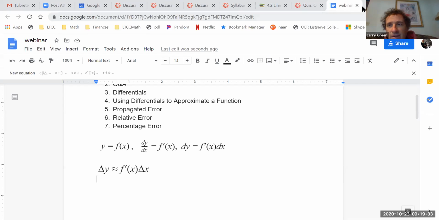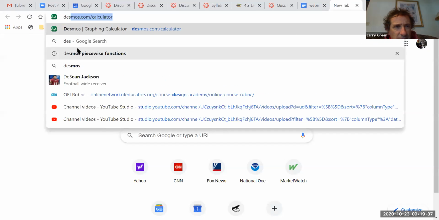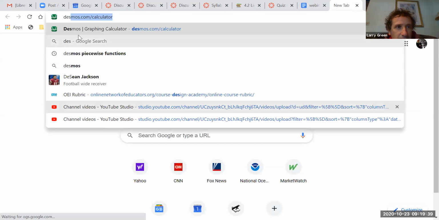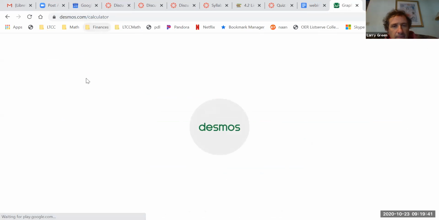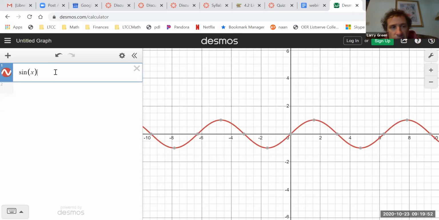So let me give you an example in terms of a picture. Let's suppose we have something like f of x equals sine of x. And the idea here is that the tangent line is y equals x.